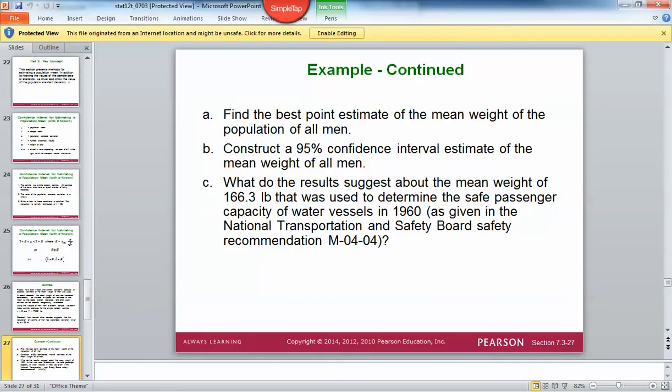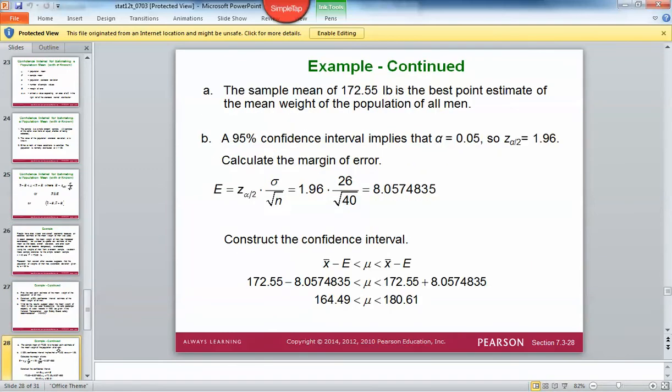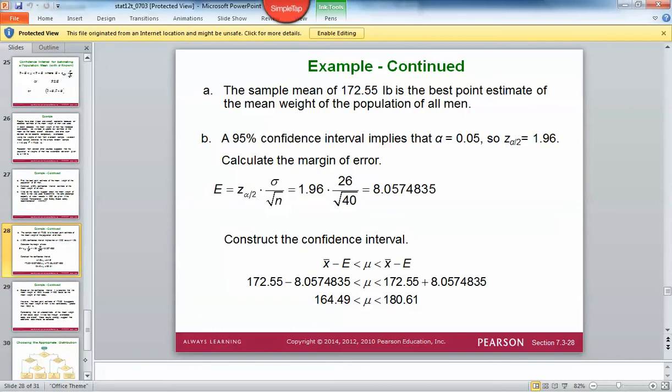So you can see that's what they got. And so what does that imply? We're 95% confident that the actual mean lies between 164.49 and 180.61.